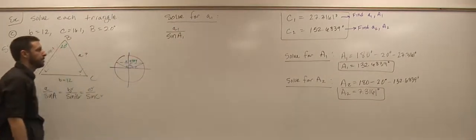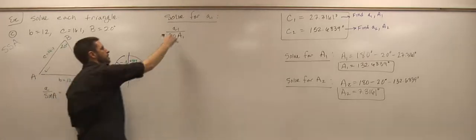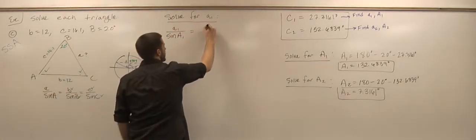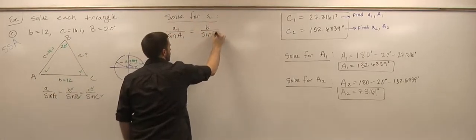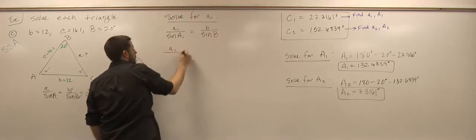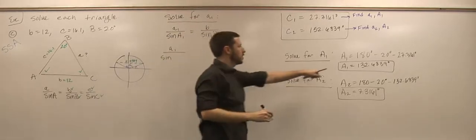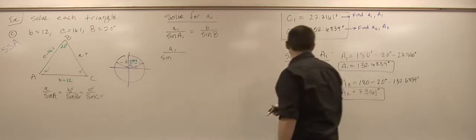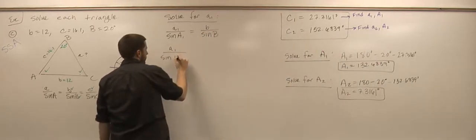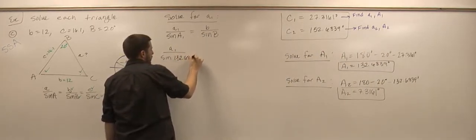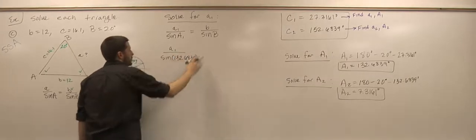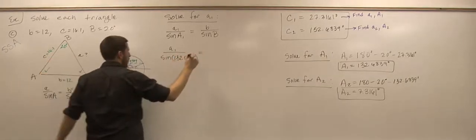That'll give me little a1 equals, then I do b over sine B. So sine on the bottom, I'll use sine 132.6839 equals 12 over sine 20.